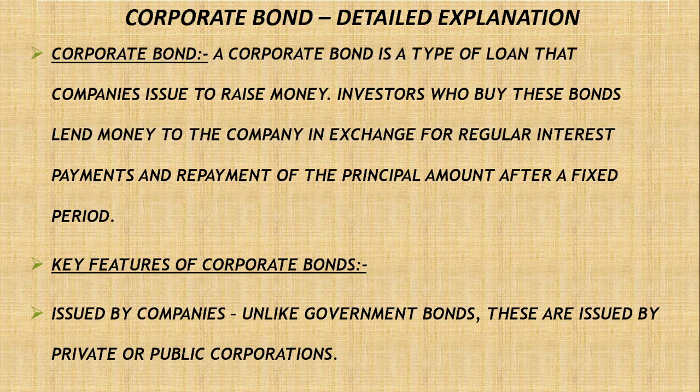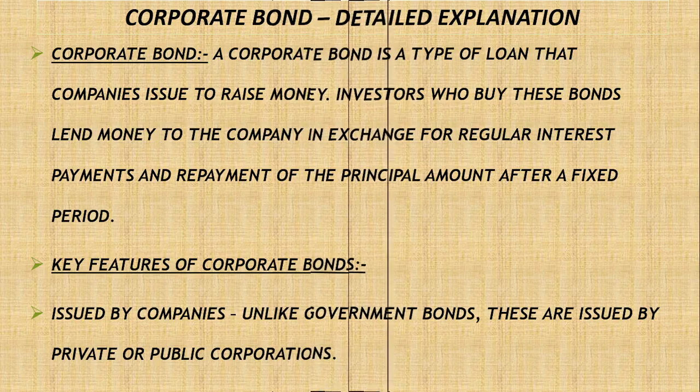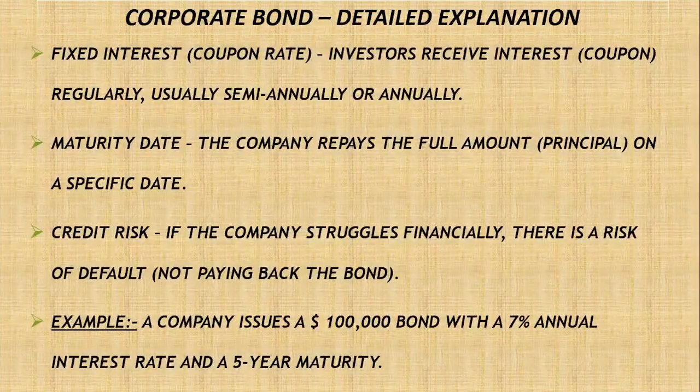Key features of corporate bonds: Issued by companies. Unlike government bonds, these are issued by private or public corporations. Fixed interest, that's the coupon rate.